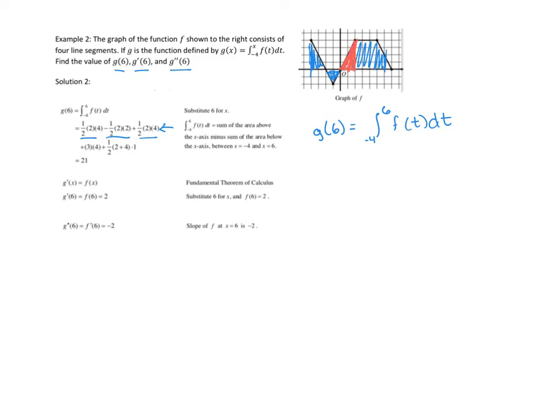And then 3 times 4 is this rectangle. And the last one, 1/2 times 2 plus 4, is this last space, and it looks like they took it as a trapezoid. So for the first part of this question, finding g of 6, evaluating an integral, we can do that by taking area.